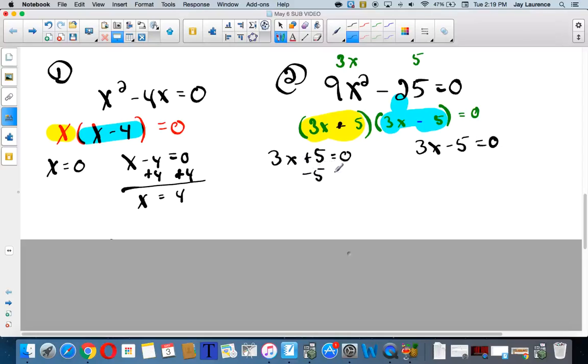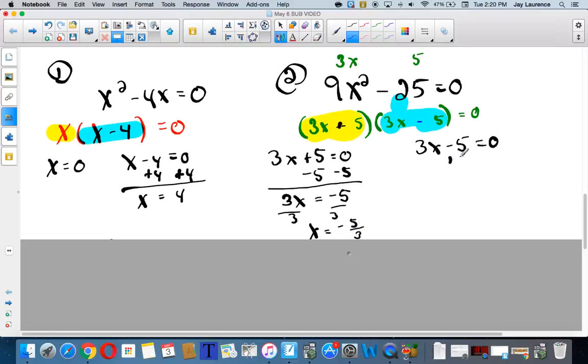So I'm going to subtract 5 from both sides. 3x equals negative 5. Got a little lag going on here. Going to divide by 3. And so x should equal negative 5/3 or negative 1 2/3. Okay?